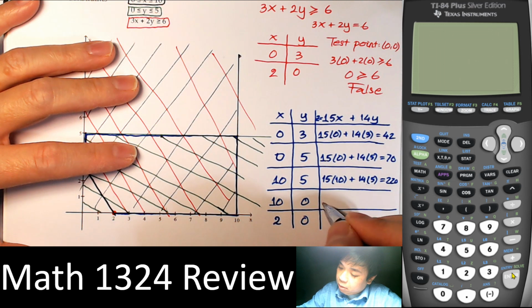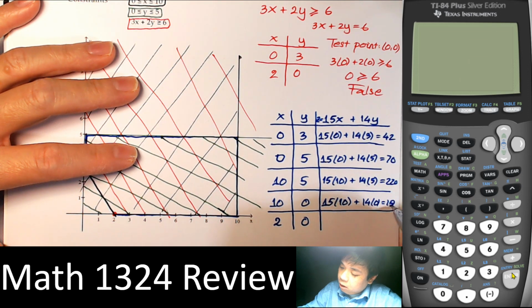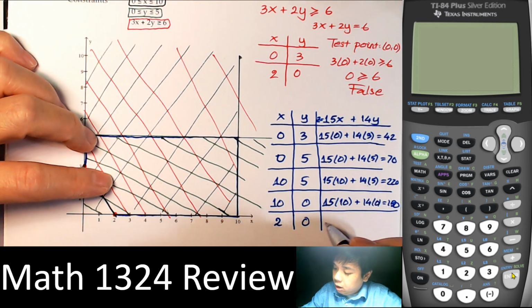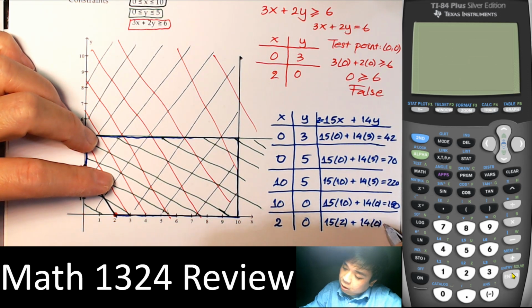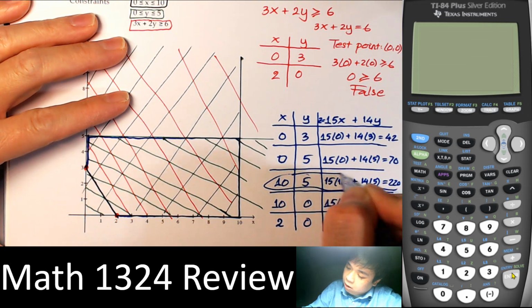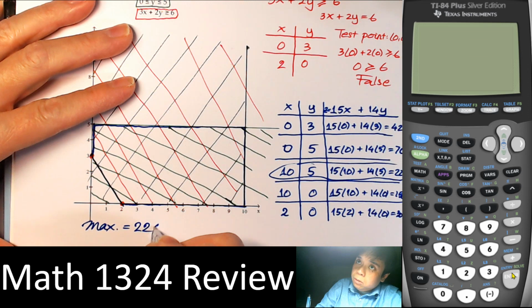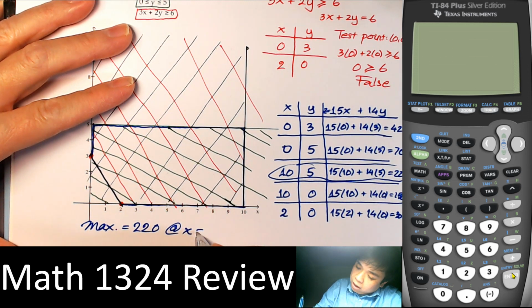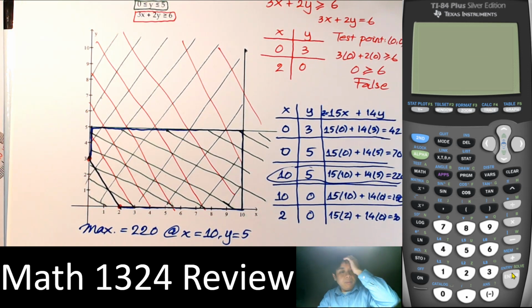That's more likely the maximum right there. At 150. And now this is not going to be the maximum. So yeah, the maximum is right here, when x equal to 10 and y equal to 5.